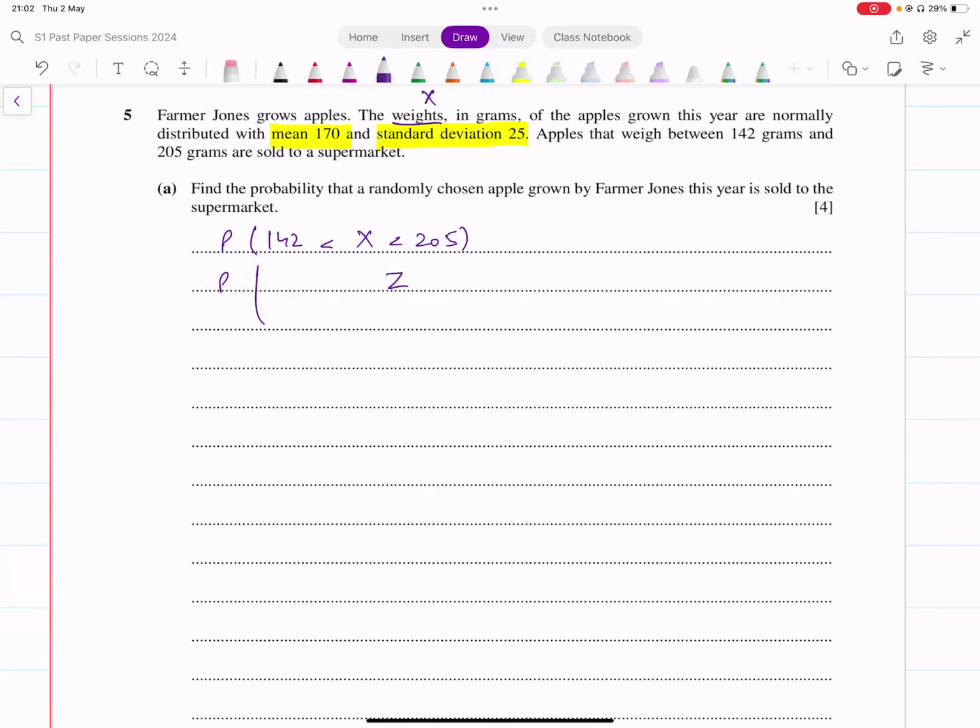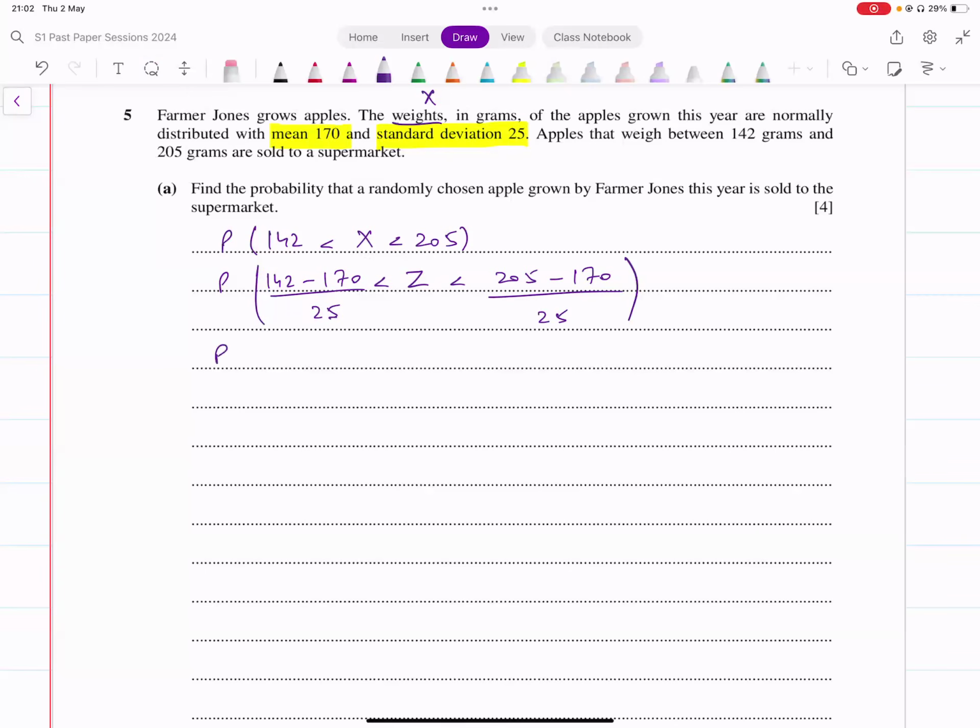That means Z is between 142 minus mu, where mu is 170, divided by the standard deviation, which is 25, and 205 minus 170 divided by 25.